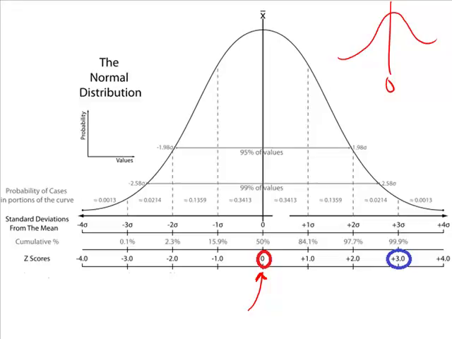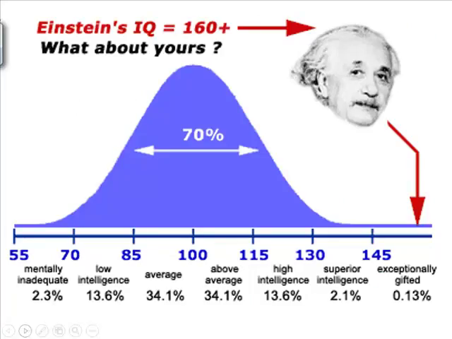So if I tell you that I have a score of X, like Einstein's IQ, where would that fall in the range of all IQ values?